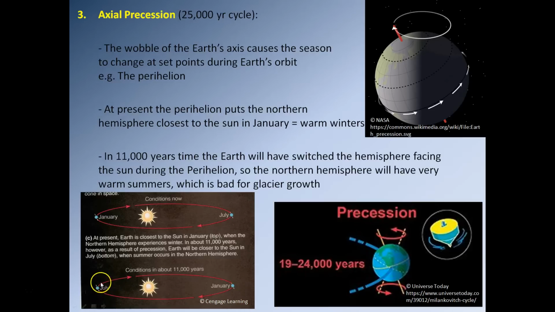And in 11,000 to 25,000 years' time, the Northern Hemisphere is going to have a cold July, and the Southern Hemisphere is going to have quite a warm July. So that's what the variation in the axial precession does. By changing which face is tilting towards the Sun at which point, you can make summer or winter warmer or colder.